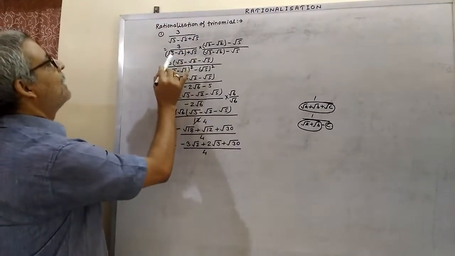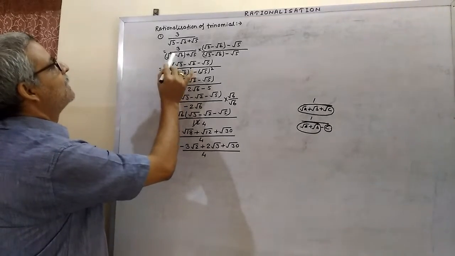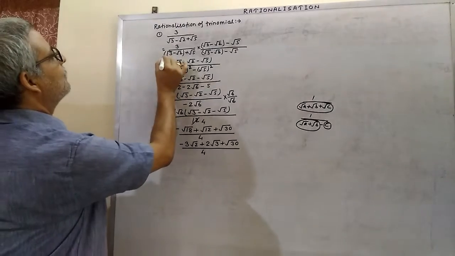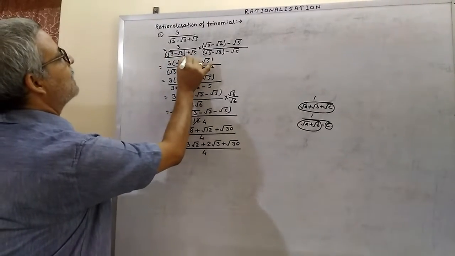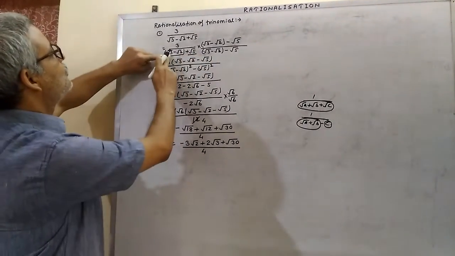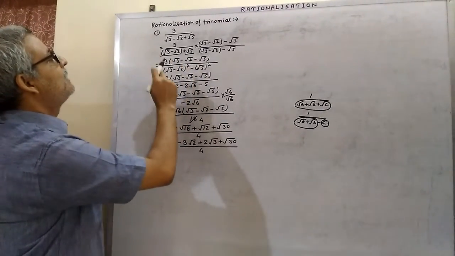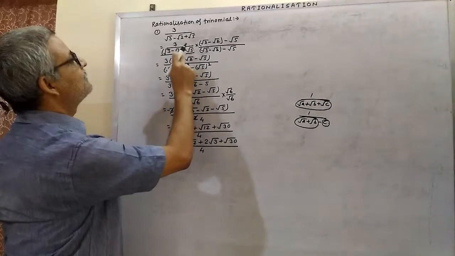Now 3 by root 3 minus root 2 in one bracket, plus root 5. Now it is in binomial form: one term is root 3 minus root 2, the second term is root 5. Now we multiply by the conjugate of this.